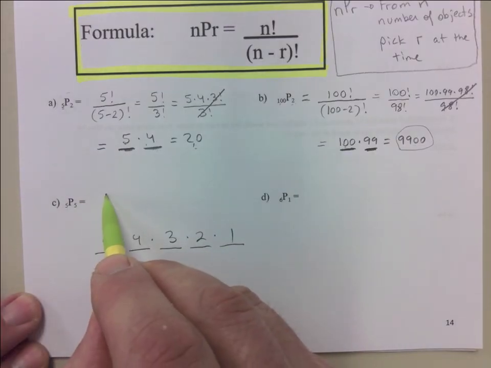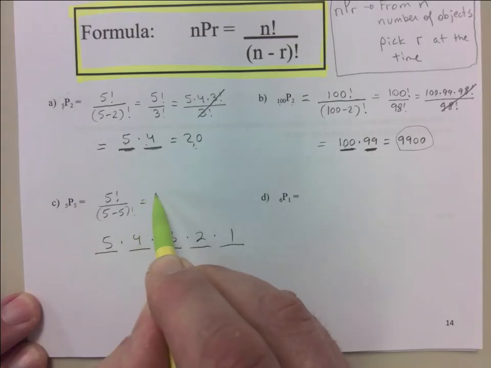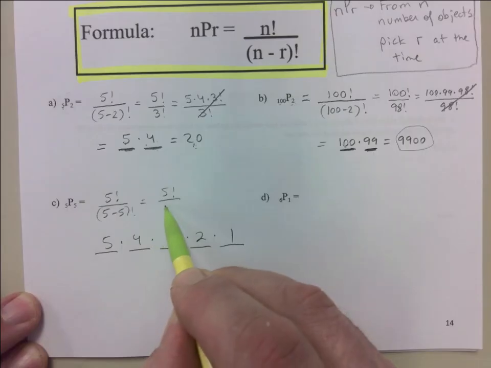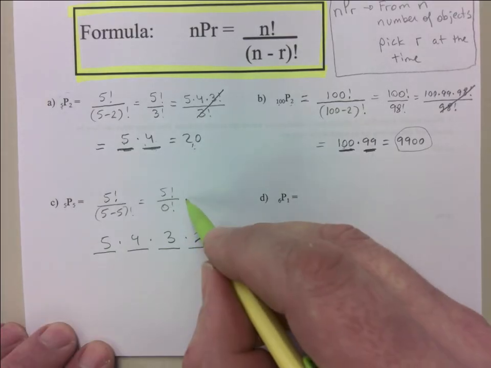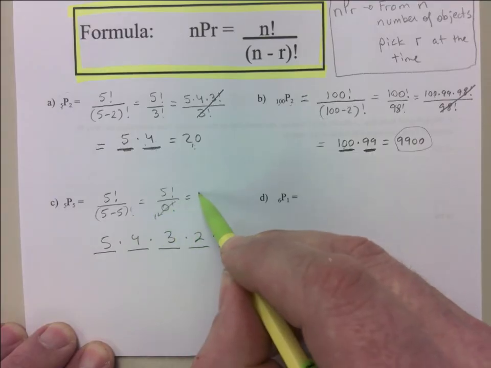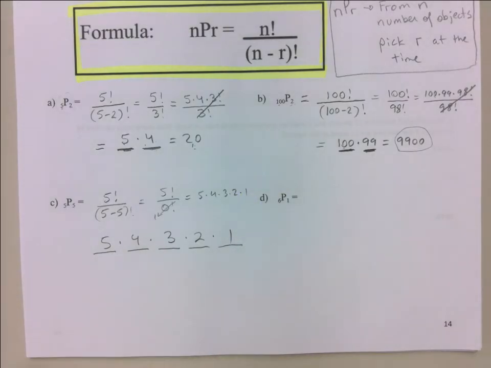Let's do the formula though. 5 factorial over 5 minus 5 factorial. That is 5 factorial over, what is 5 minus 5? 0. Is there such a thing as 0 factorial? It's 1. So this is 1, right? We can just do this: 5, 4, 3, 2, 1. Yes. It's just 5 factorial.